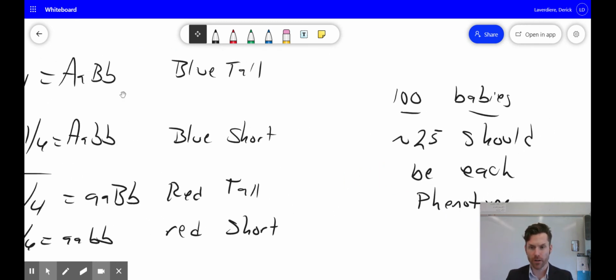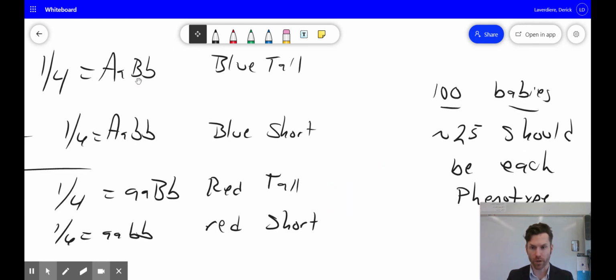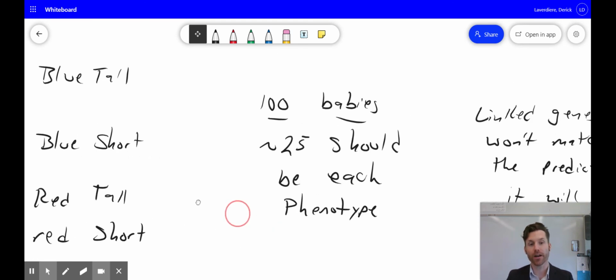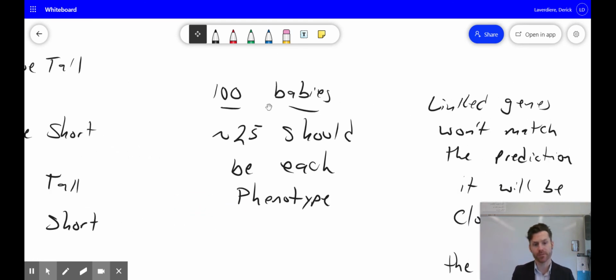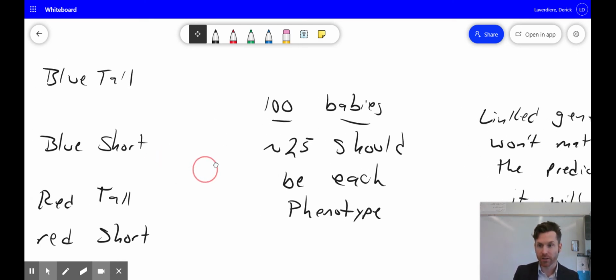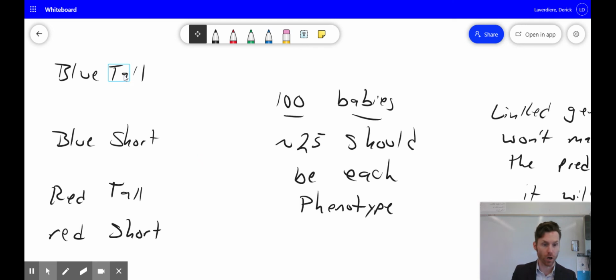Since all of my phenotypes are 1 out of 4 probability, theoretically, if these two organisms were to make 100 babies, about 25 of those babies should be each of the phenotypes. Right? So I should have approximately 25 blue tall babies, approximately 25 blue short babies, approximately 25 red tall babies, and approximately 25 red short babies.